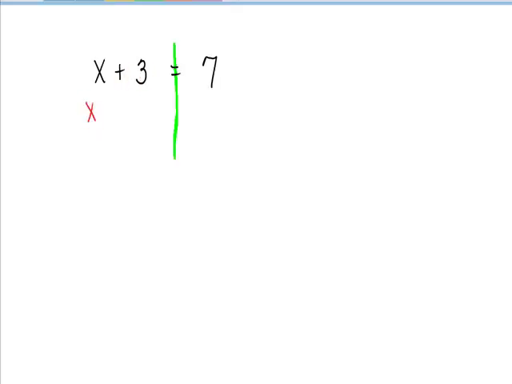So you have x plus 3, and you will subtract 3. The opposite of addition is subtraction. On the right side, you have to do the same thing. Subtract 3. 3 minus 3 is 0. So you have x plus 0, which is x. On the right-hand side, you have 4.